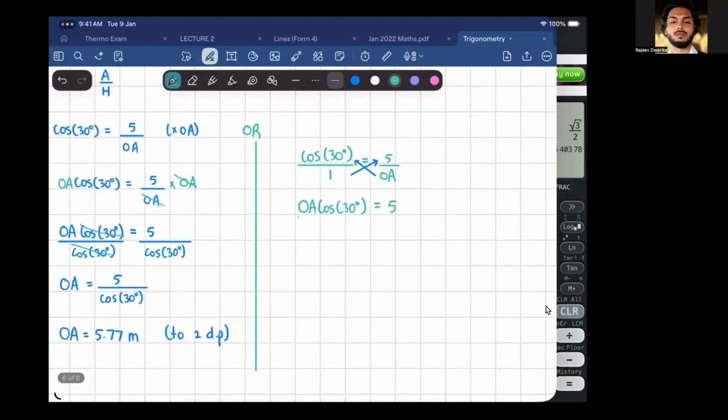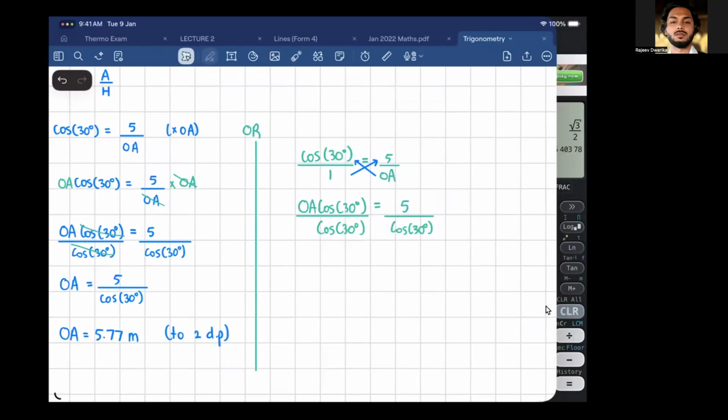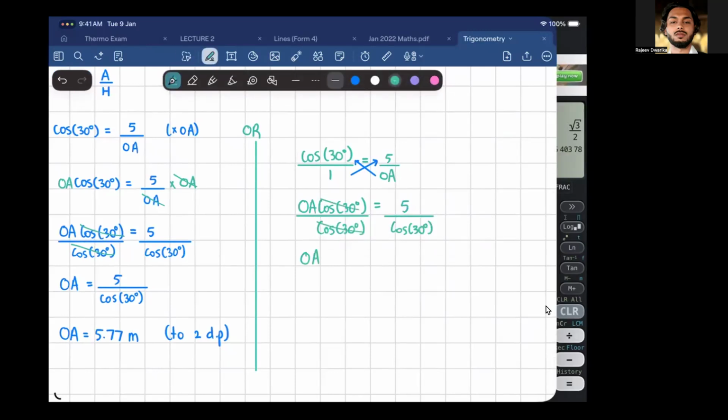And then you would just simply divide both sides by cos 30 because you want to find OA. And you would get the same answer as last time. So OA would just be equal to 5.77 meters to 2 decimal places. All okay with that?